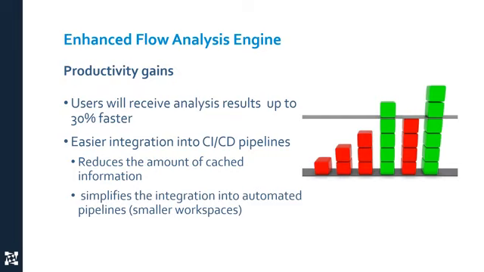Parasoft has also made a number of performance improvements to our flow analysis engine, so expect to experience up to 30% reduction in the analysis duration cycle. There has also been a reduction of up to 5 times in the size of generated temporary data captured in analysis caches. Now, this simplifies the integration into automated CI/CD pipelines with smaller workspaces.